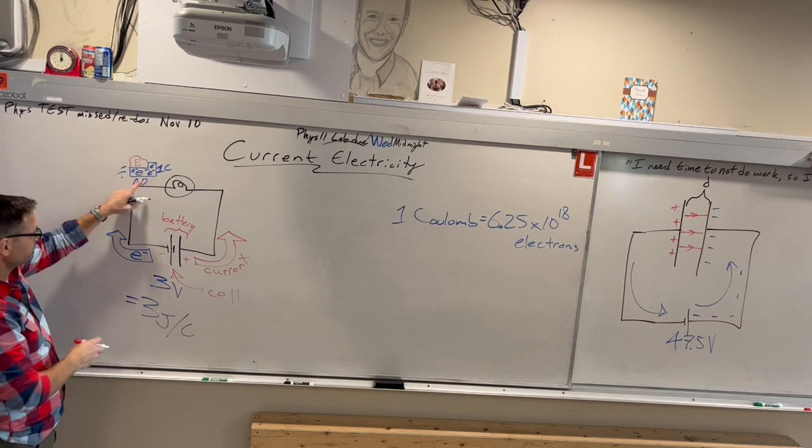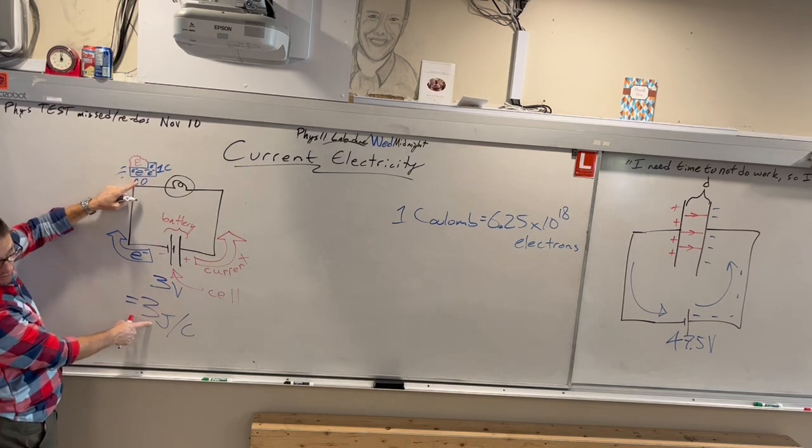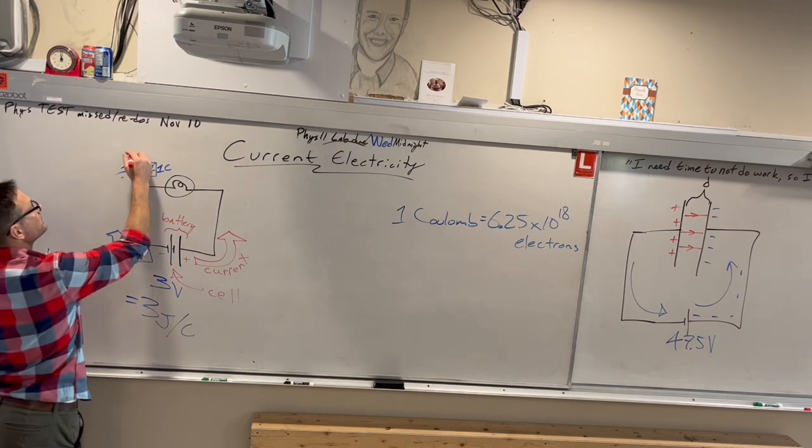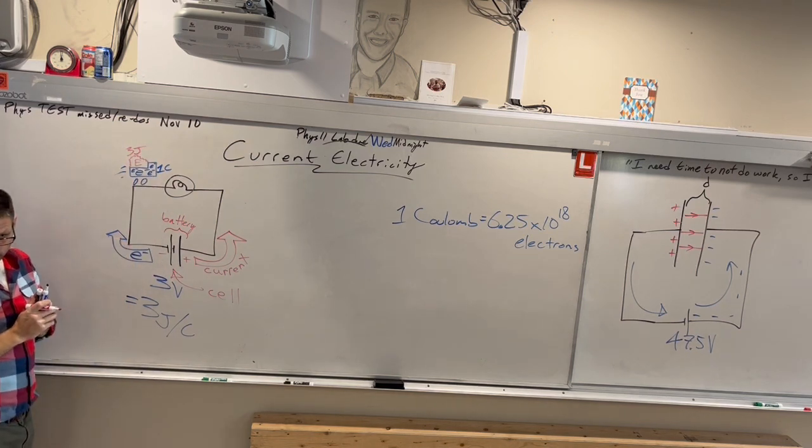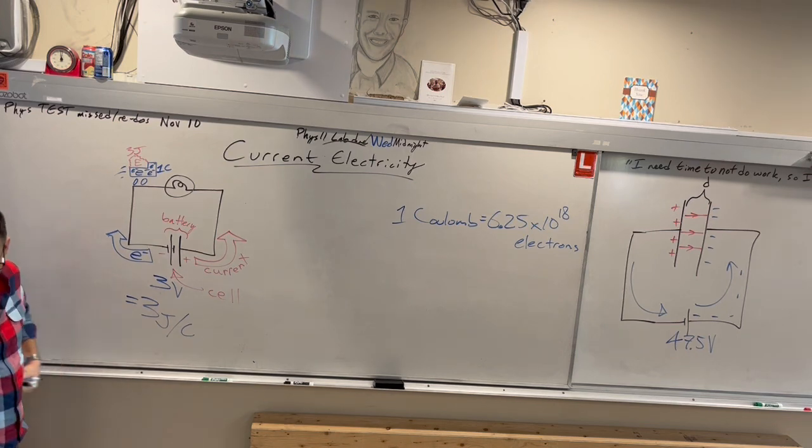This is 1 coulomb, and we have 3 joules per coulomb from our cell, so this is going to be 3 joules of energy. Does that make sense? Yes, Victor? It's still transporting the whole current, so 3 volts.